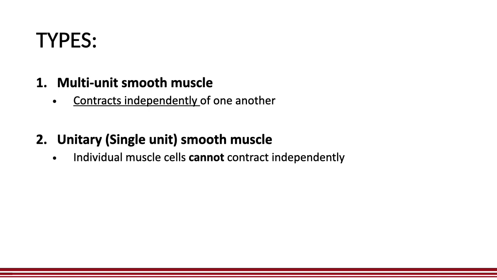This is also controlled by the autonomic nervous system but can exhibit synchronized rhythmic contractions, unlike multi-unit smooth muscle, which acts independently. The distinction between multi-unit and single-unit smooth muscle is based on the degree of innervation and the organization of smooth muscle cells within the tissue.